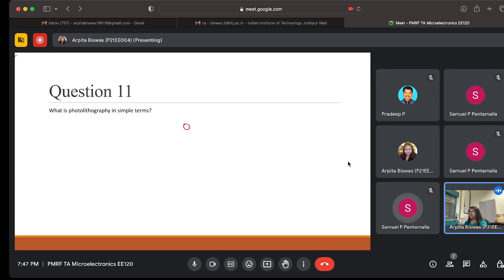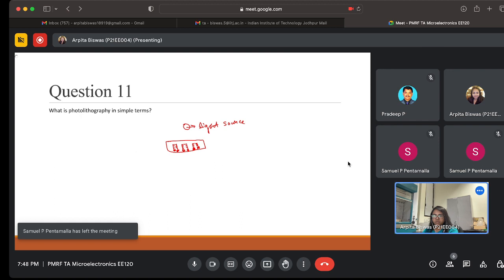There is a light source, okay? And this is a mask. Like if your IC pattern, if you want to, this is the IC pattern. So this is the opaque portion.